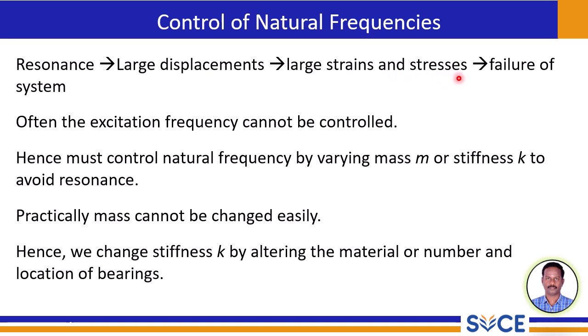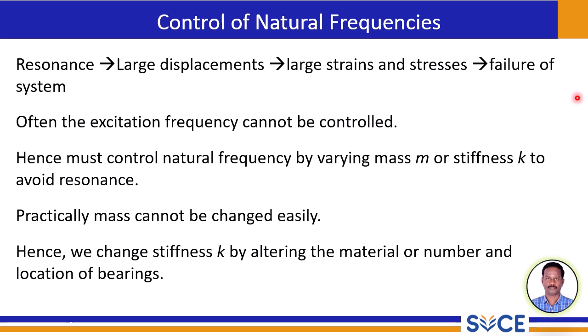If the stresses exceed the material strength, it can ultimately result in the failure of a system. Think of a bridge swaying excessively in the wind or a machine vibrating violently. These are often examples of near resonance conditions.